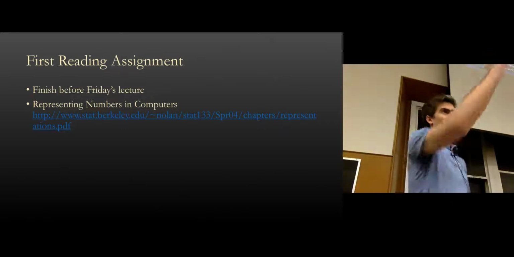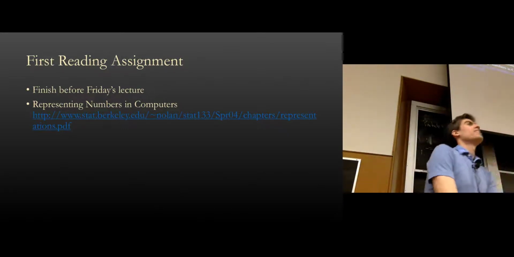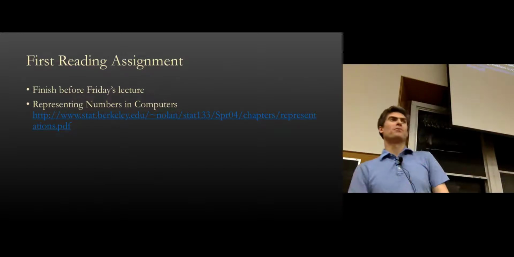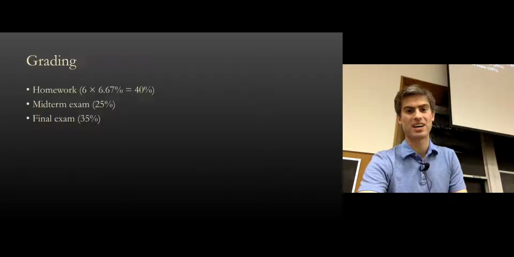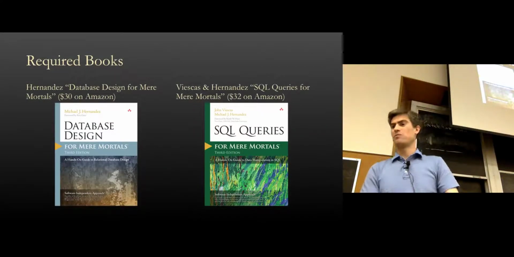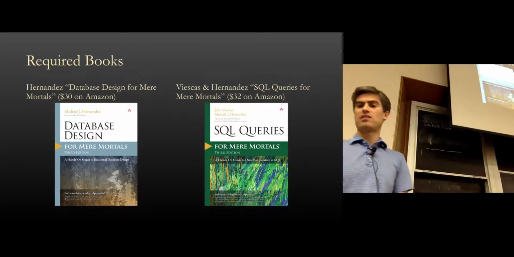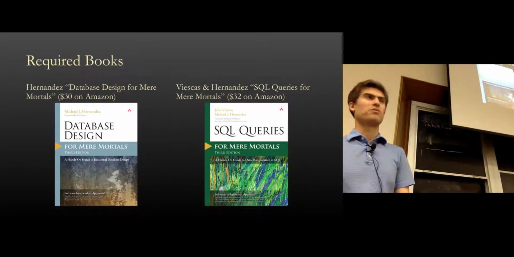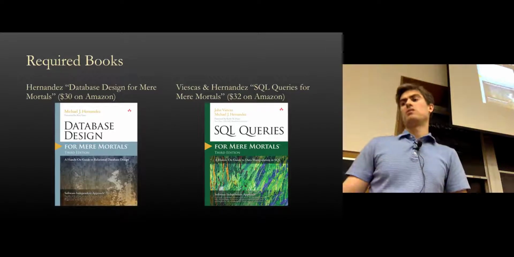And one more question. Yes, you need to buy both of the books. They look similar, but they actually cover different topics, and they're by the same authors, sort of. So the first book, the book on the left, Database Design, is really just about data modeling, and the book on the right is about SQL queries.